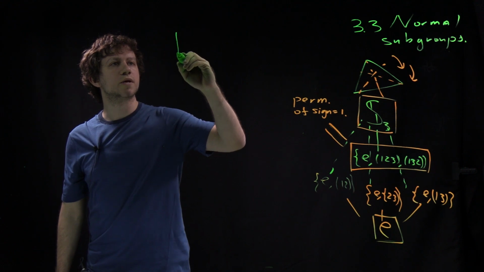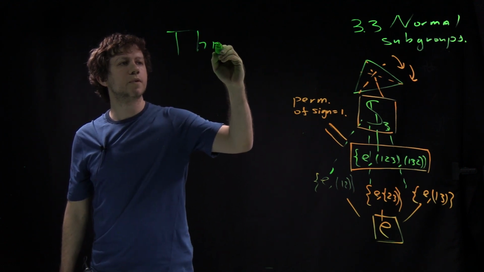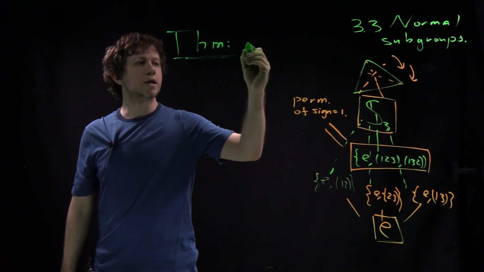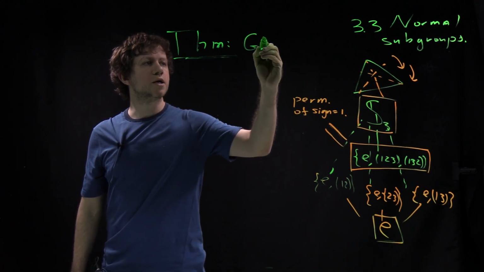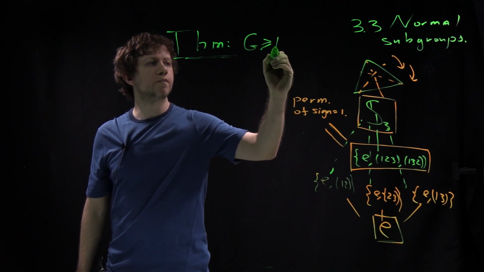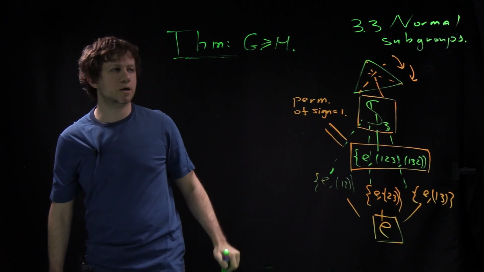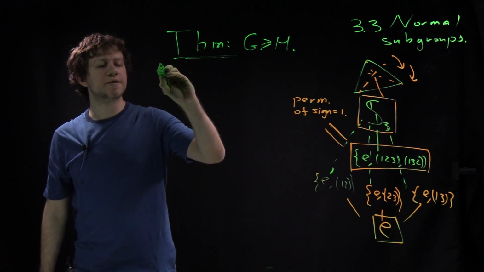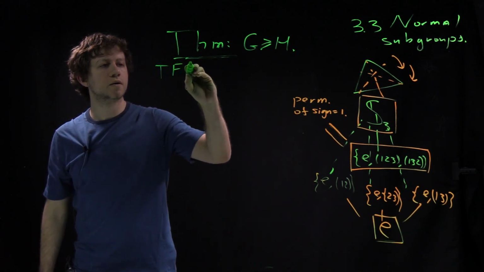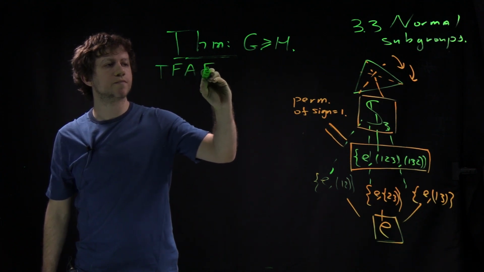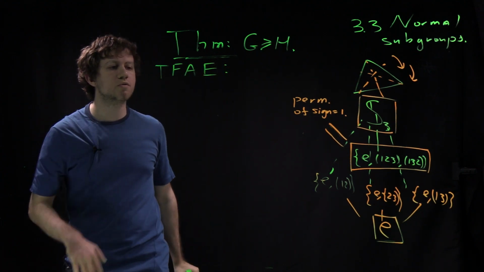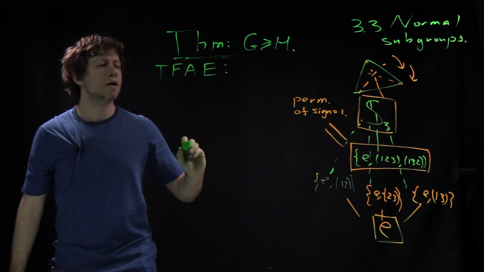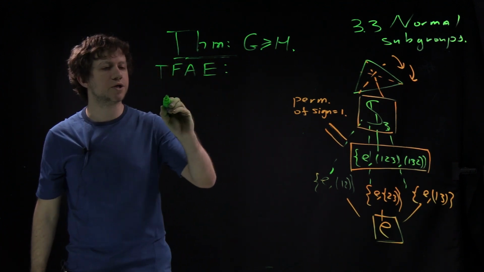Here is the main proposition. Maybe let me call it a theorem. The theorem is as follows. Let G be a group with some subgroup H. I'm not going to write down all details: any group, any subgroup. Then the following are equivalent. There are 3 conditions on a subgroup which all give you the same thing, and in this case we call H normal.